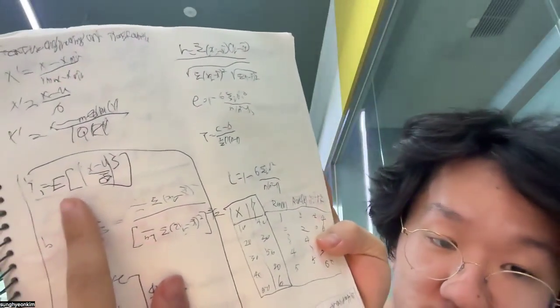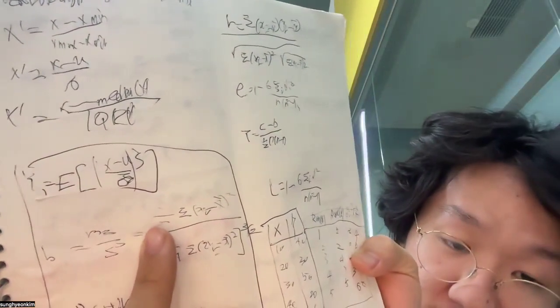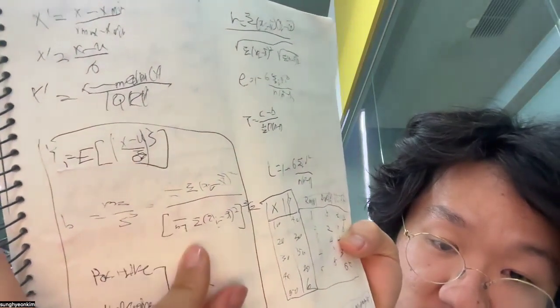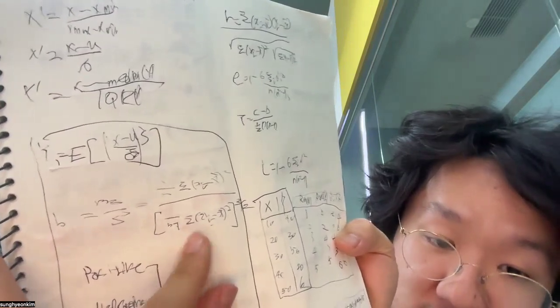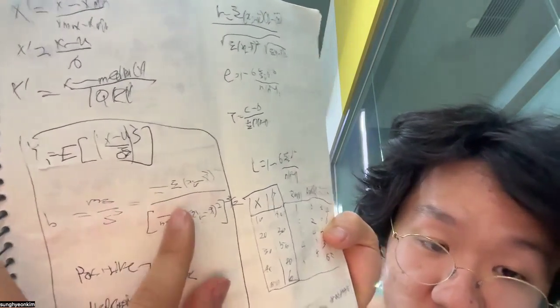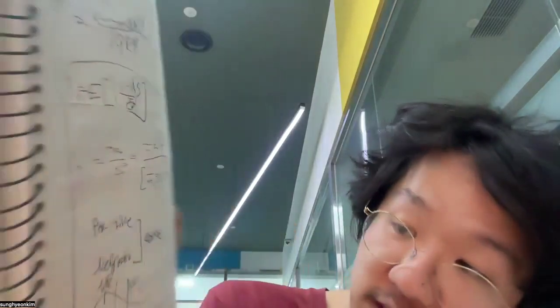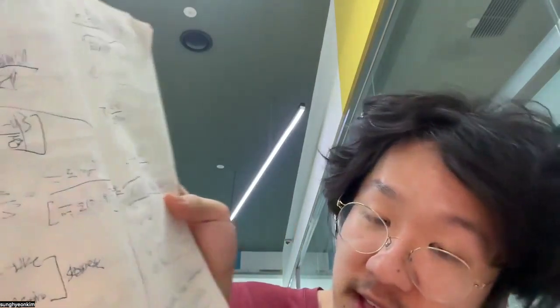For samples, you use a slightly different one: 1 over n, sum of (xi minus x bar) squared... and in the denominator, there is n minus 1, (xi minus x bar) squared to the power 3 over 2. And if it is positive skewness, the order will be mode, median, mean. And if it's negative skewness, it will be the opposite.